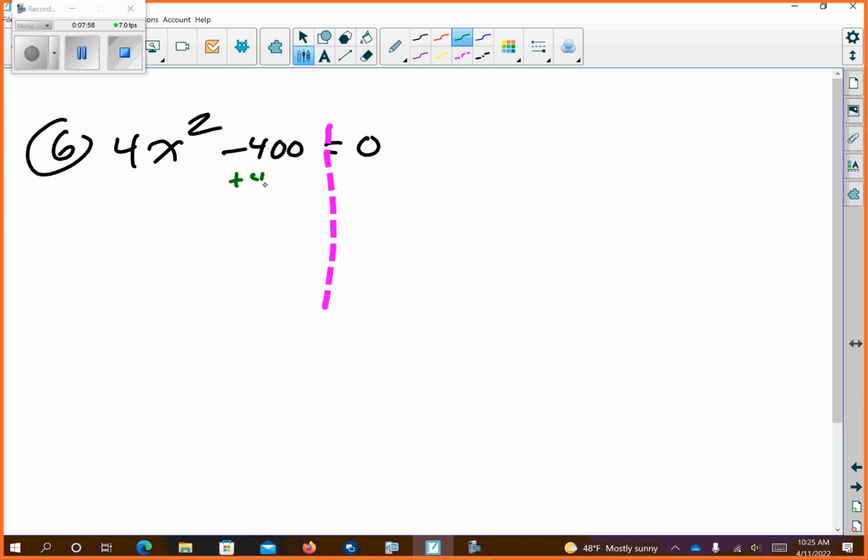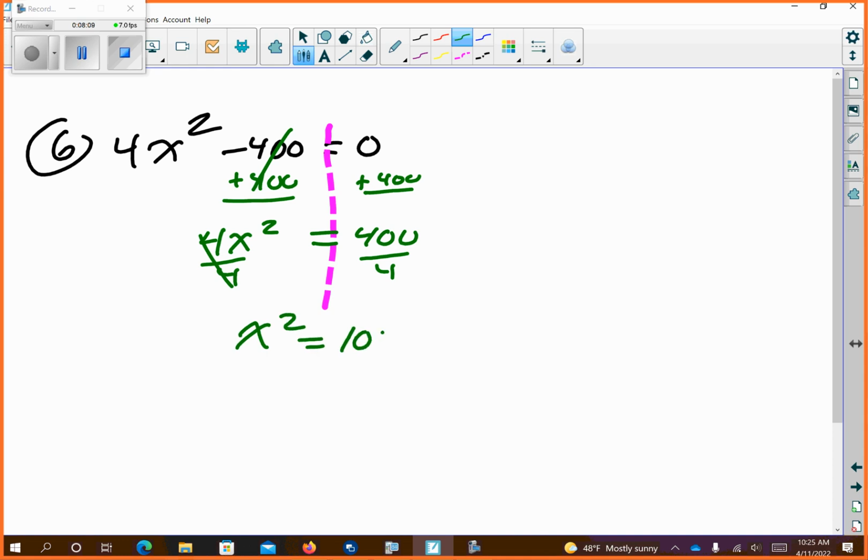Yeah, let's add 400 to both sides. I like it. So those cancel. Divide each side by 4. Now, you want to know where I'm going to get you on this problem? So, if I do root to both sides, what can I not forget?